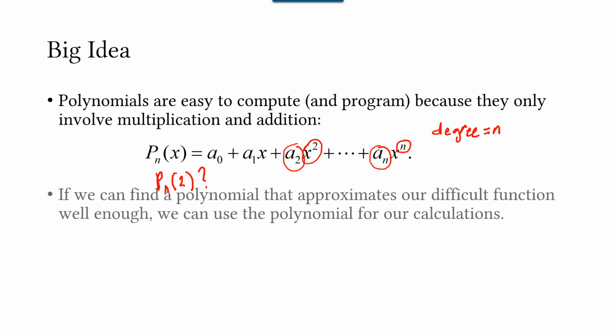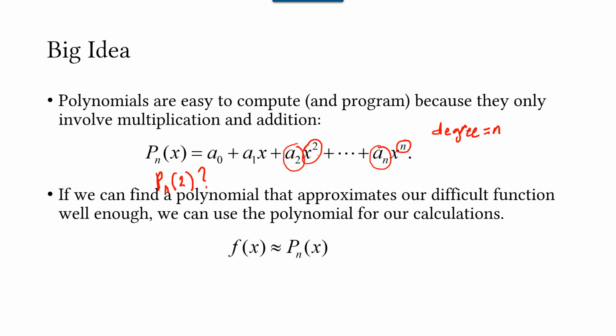So now, since we have discussed why polynomials are relatively easy for a computer or a calculator to deal with, the real issue is to find a polynomial that approximates the difficult function well enough that we can replace the function with the polynomial. In other words, if I want to know the sine of 1, what I can do is find a polynomial that's really, really, really close to sine x and calculate the polynomial evaluated at 1 instead.